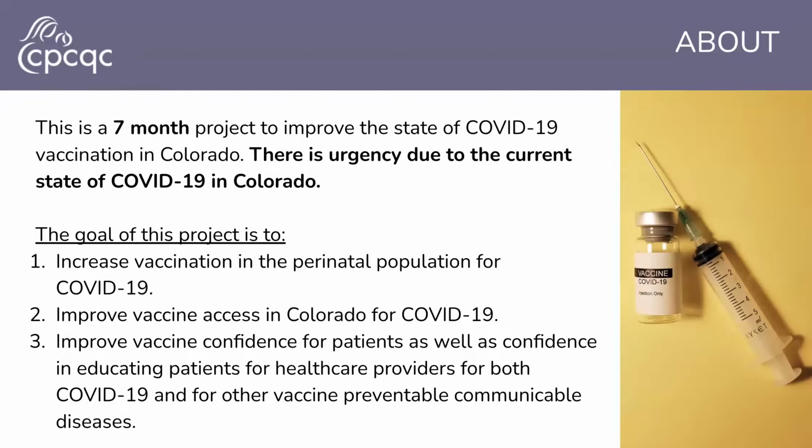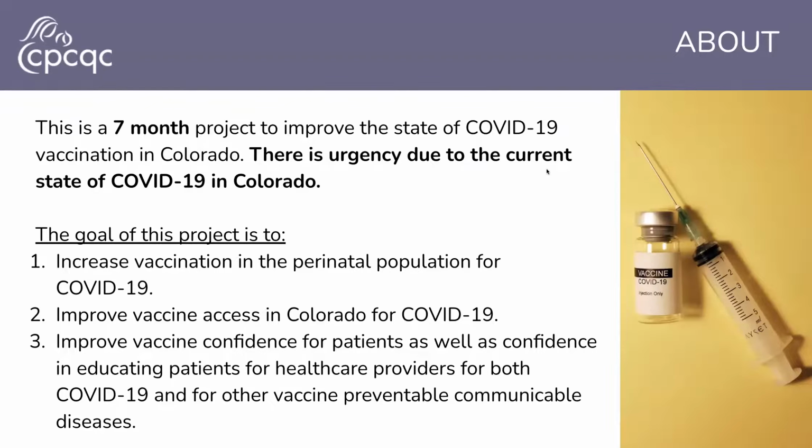So this is going to be a 7-month project to improve the state of COVID-19 vaccination in Colorado. This is of urgency right now since the state of Colorado has had increased COVID cases in the past few months.